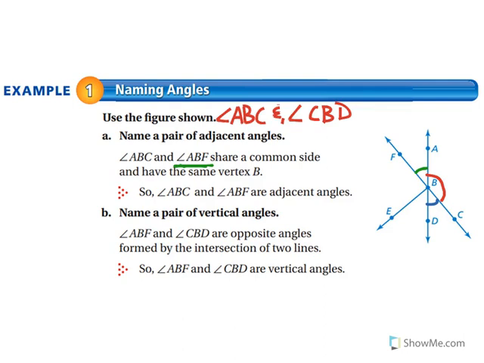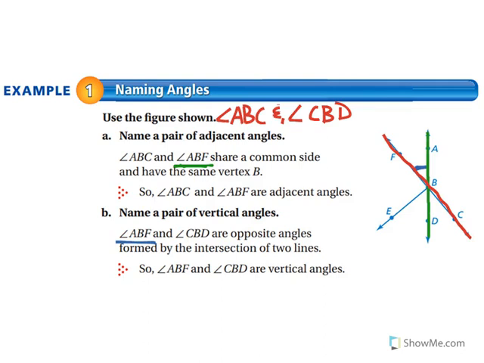And then we had to name a pair of vertical angles. So with the vertical angles, let's look at what we were given to begin with. So it says angle ABF, which is right here. Now keep in mind, when we're doing vertical angles, we want to find out what lines intersect. So I have AB or AD, this line intersects with this awful crummy looking line that I did.